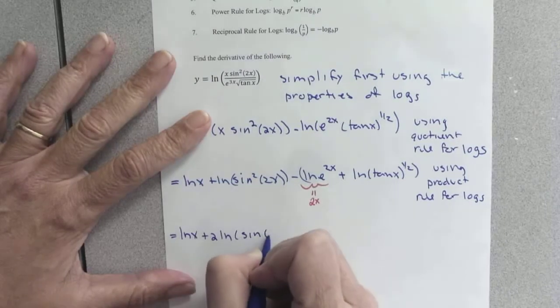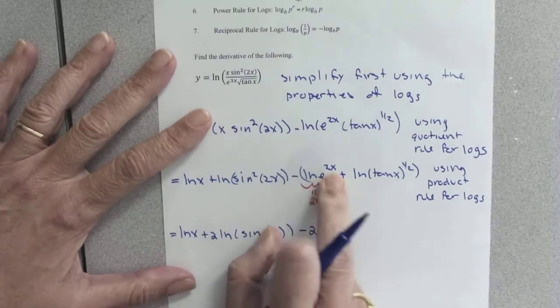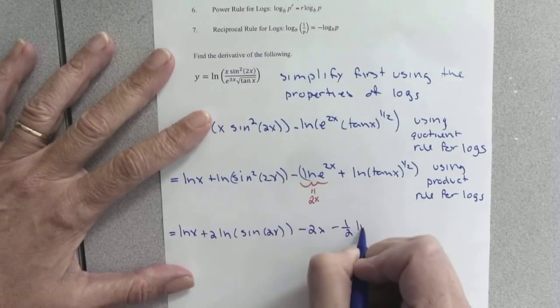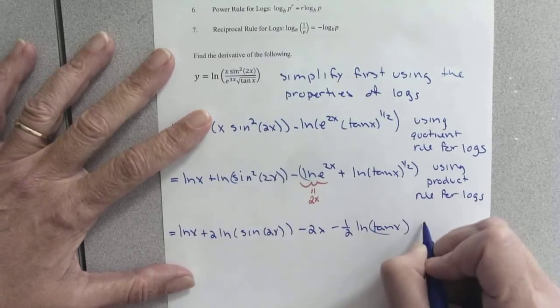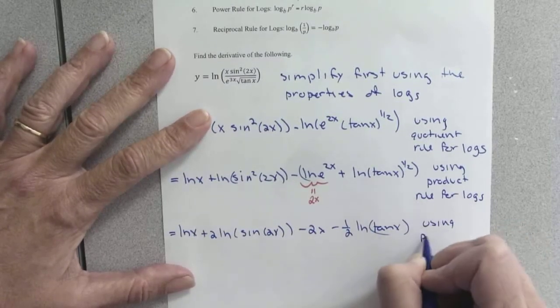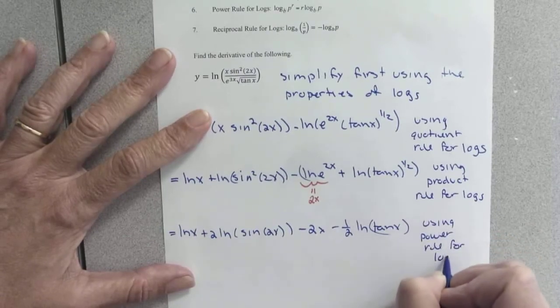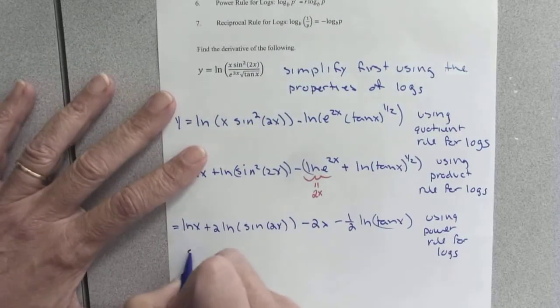So I have natural log of sine of 2x minus 2x. Natural log and e's cancel, so I get 2x. And then minus 1/2 natural log of tangent x. And so using power rule for logs.